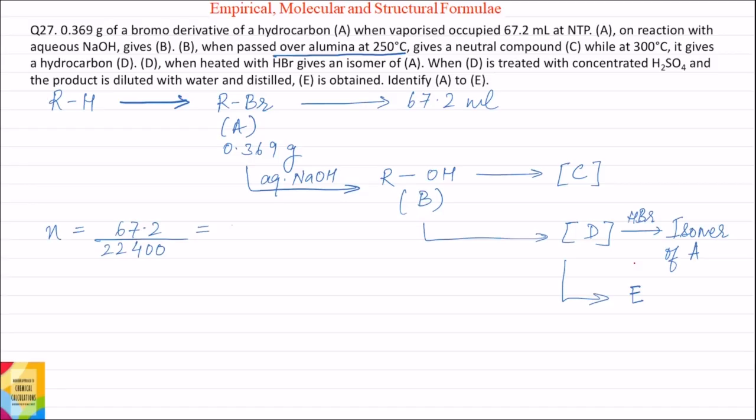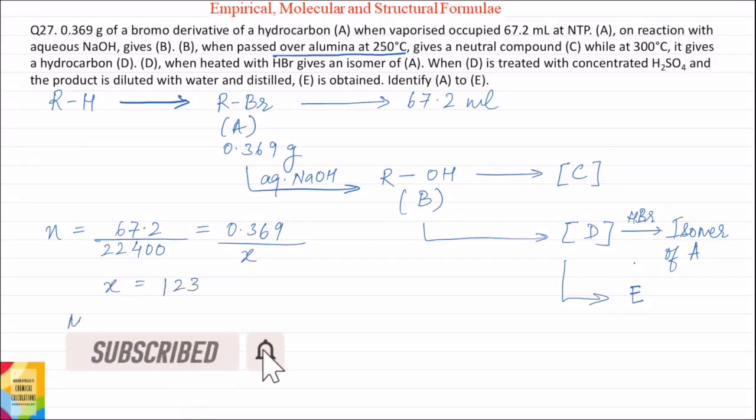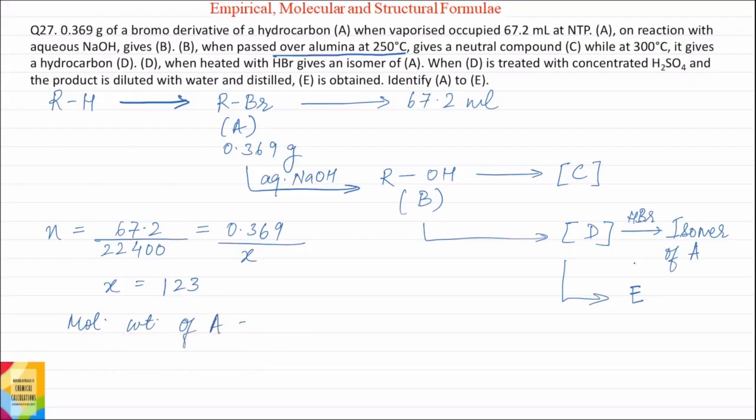So the weight of A is 0.369 gram divided by molecular weight of A, let it be X. On solving, the value of X will be equal to 123, so the molecular weight of A is equal to 123.